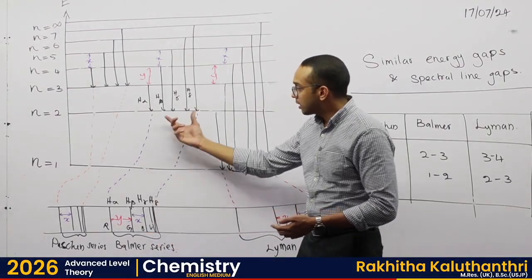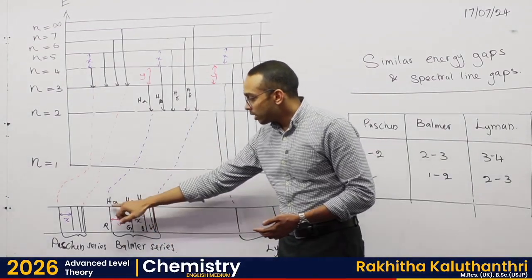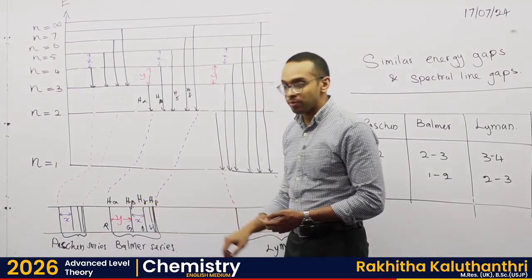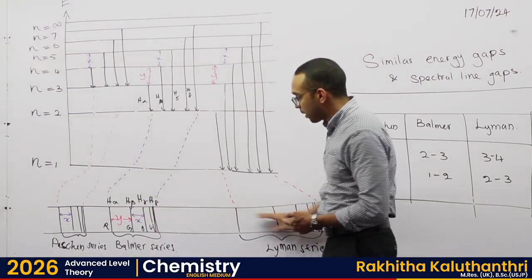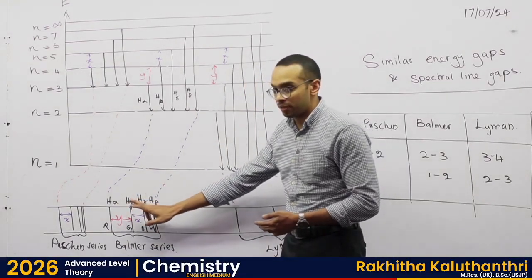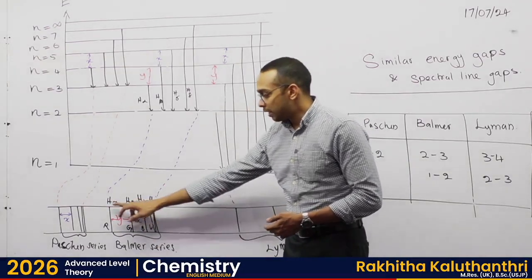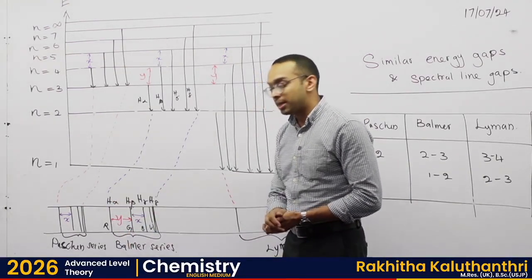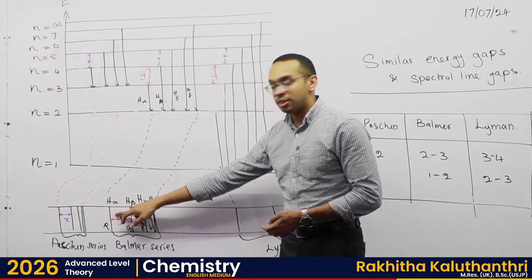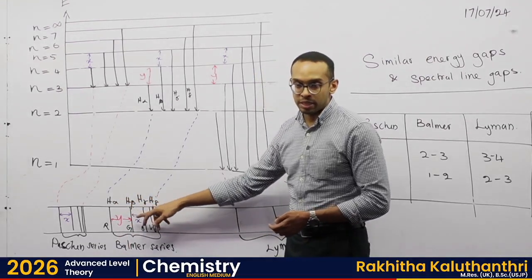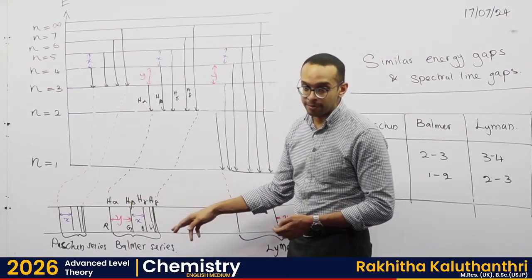Now students, as I mentioned earlier, we have given names to each of these spectral lines. For any other series, we haven't given names to any of the spectral lines, but for this we have. So the very first line, the red wavelength, we have called H alpha, and the second one is H beta, then H gamma, and H delta, right?